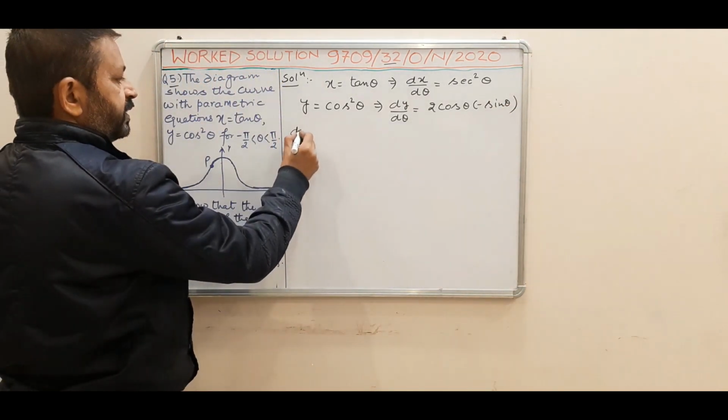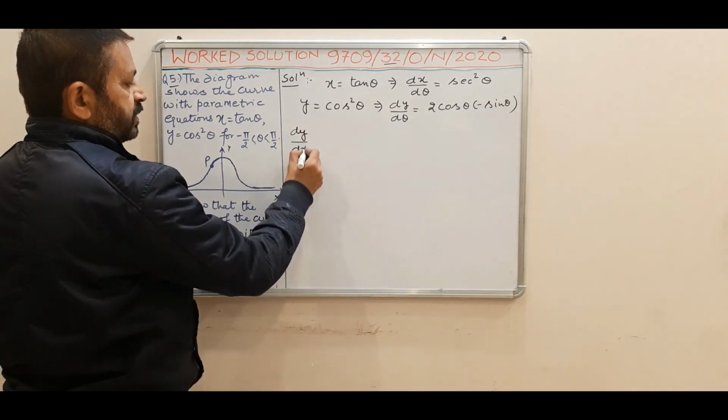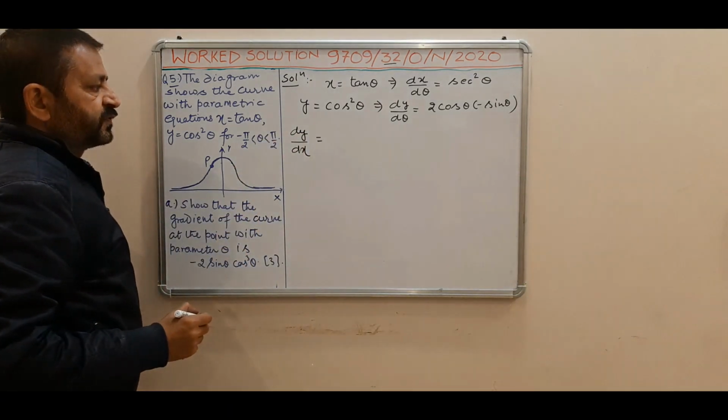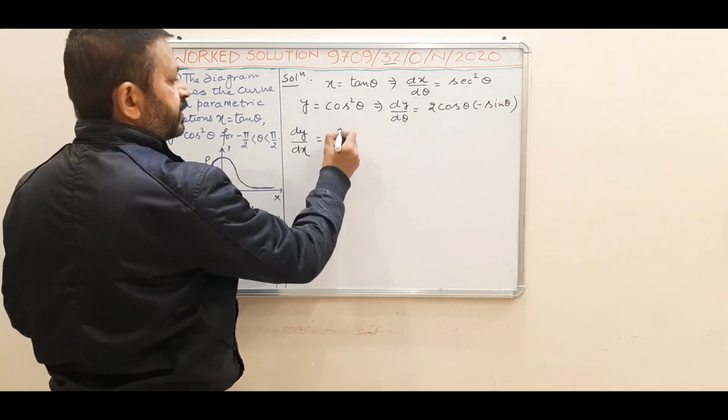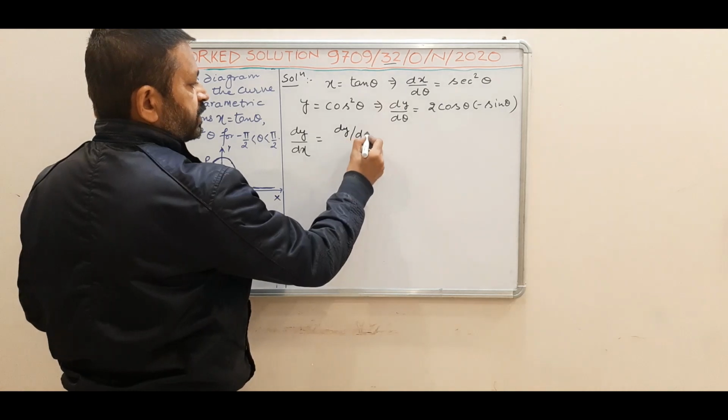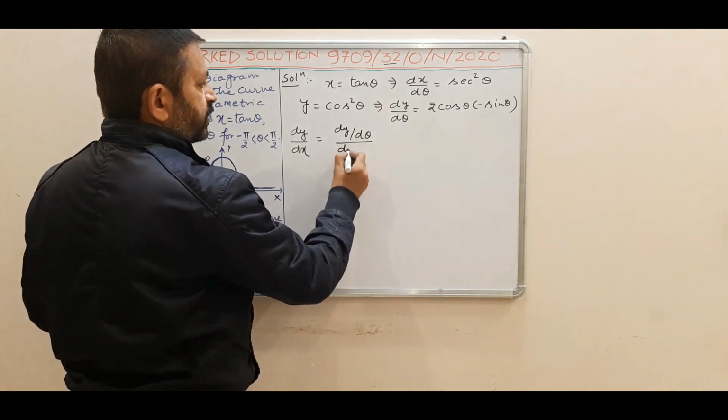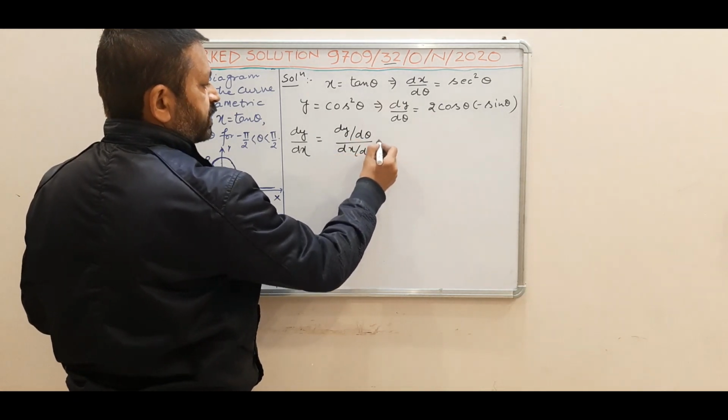Now for the gradient, that is for dy by dx, we will divide these two relations, dy by d theta upon dx by d theta.